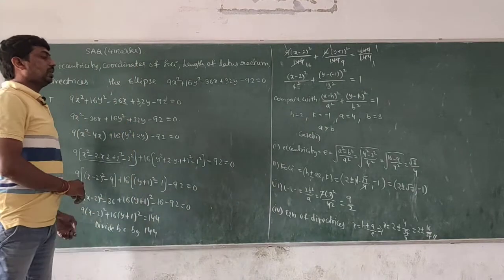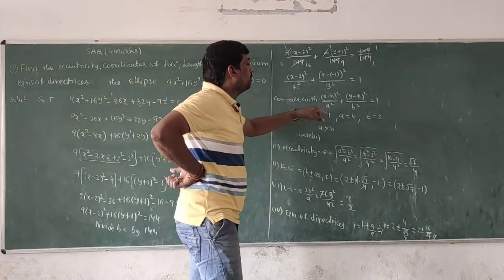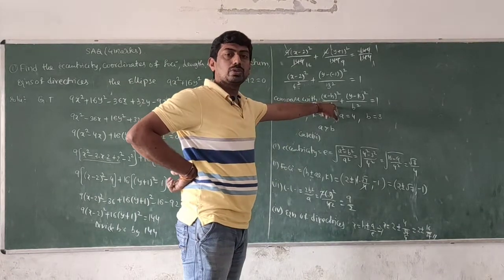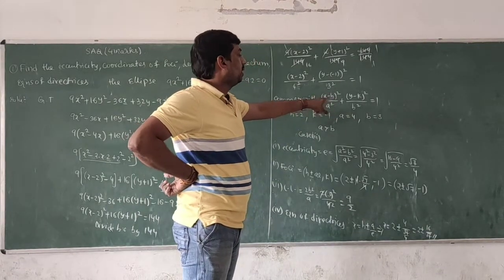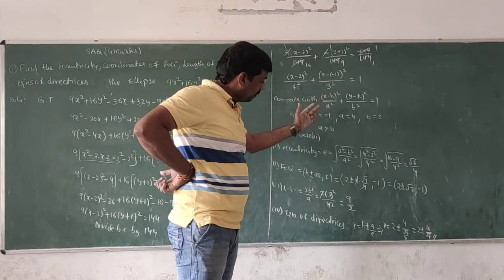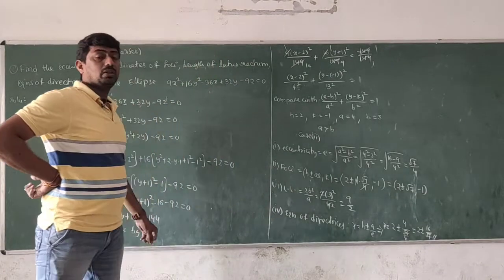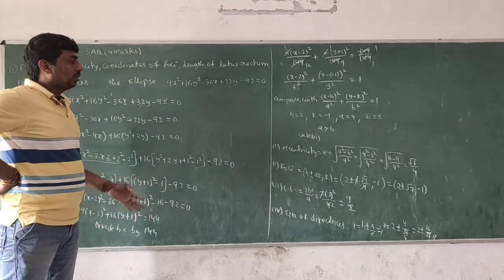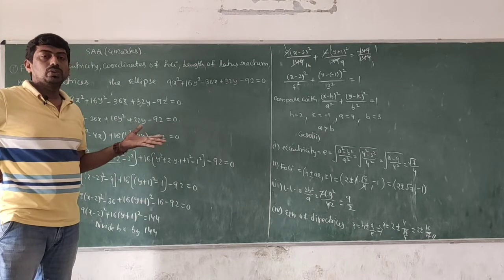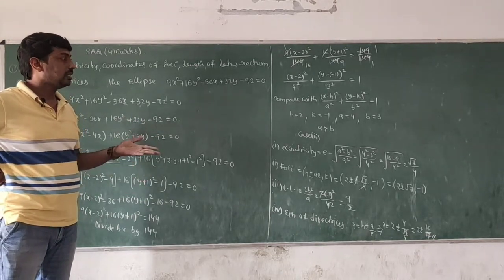Any more doubts on that? The transformation into the standard form is the most important. If you transform the equation into standard form perfectly, then we can easily get all the values asked in the question. Case 1 or 2 versus case 3 or 4 depends on the center.